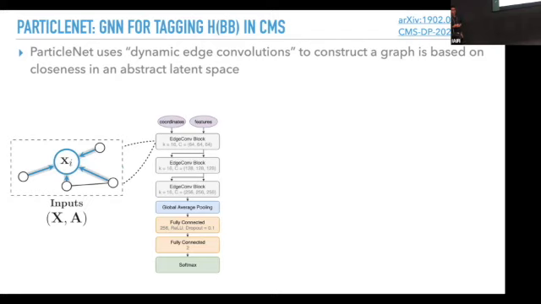What this means is that we're now doing k nearest neighbors in a much larger latent space, in this case a 64-dimensional latent space, and constructing neighbors based on that. So we're letting the GNN itself decide which neighbors it thinks are useful. The same thing happens as you go deeper: after the third block, you're using a 256-dimensional latent space to construct neighbors, and then using that for your final message passing round.